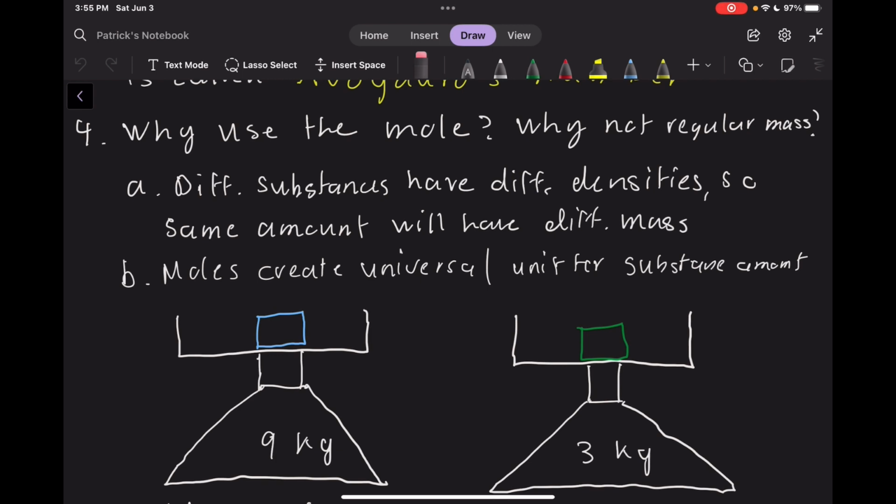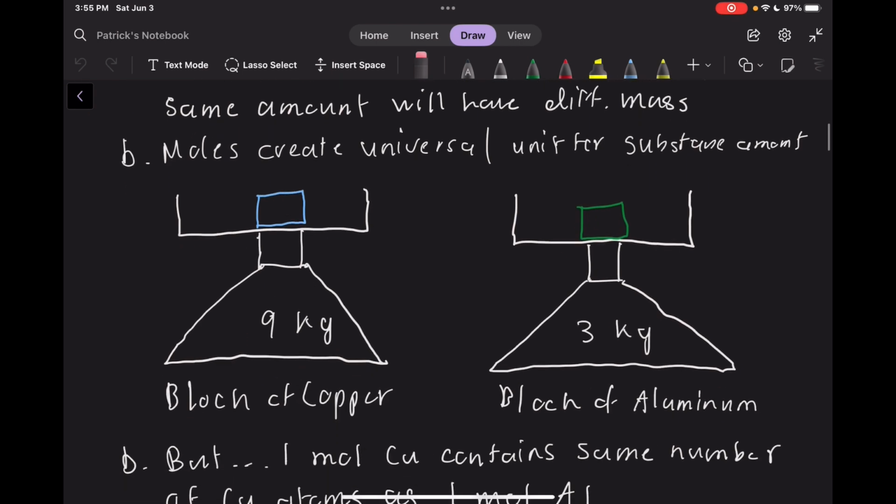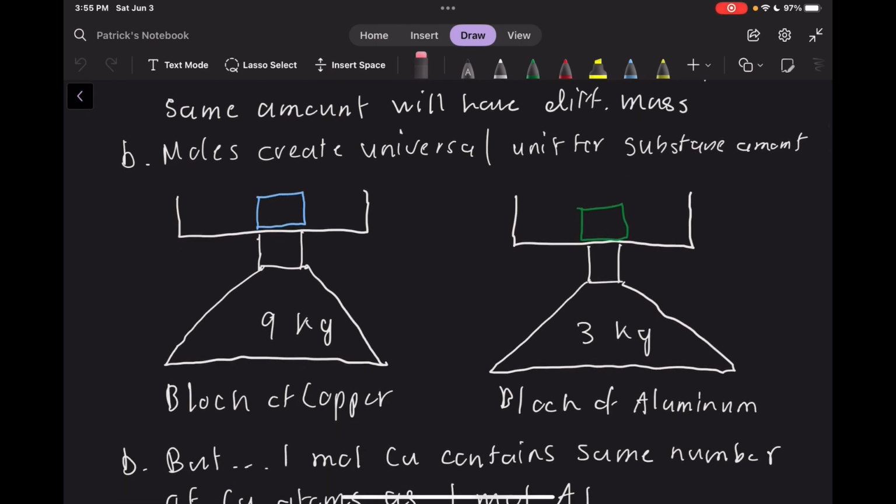For example, here we have two blocks of metal that are exactly the same size, shape, and volume. The one on the left is copper, the one on the right is aluminum. Despite being the same amount of physical substance, the block on the left has a mass 3 times higher than the block on the right, because the density of copper is 3 times the density of aluminum.